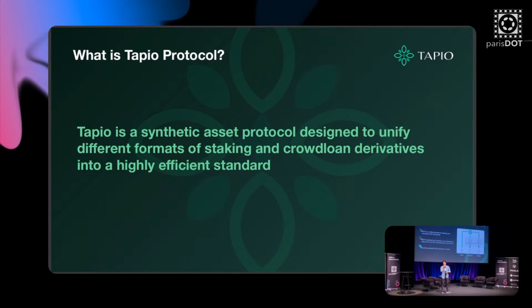So we recently launched the synthetic DOT on the Acala network. It's called T-DOT. So what is T-DOT? Number one, it's a unified standard for staking and crowd loan DOT derivatives. Right now, T-DOT encompasses liquid staking DOT introduced by Acala.